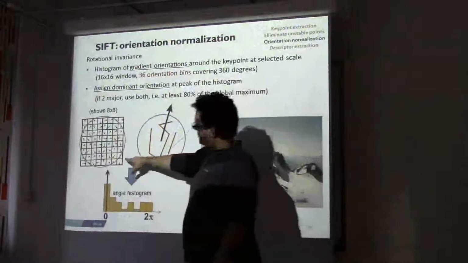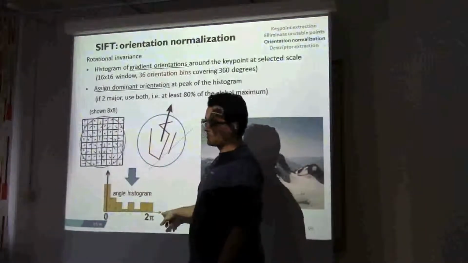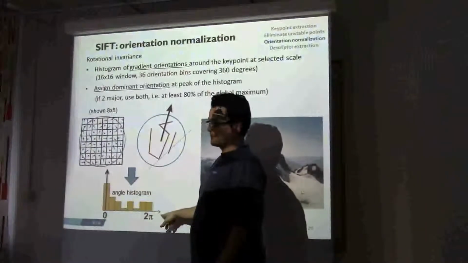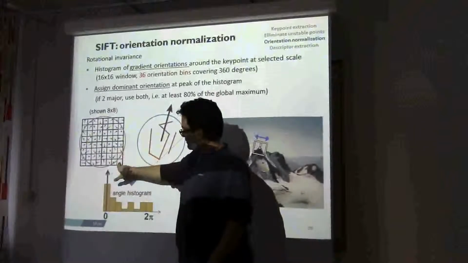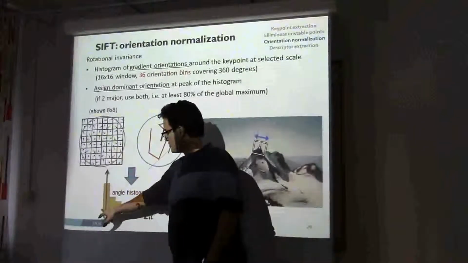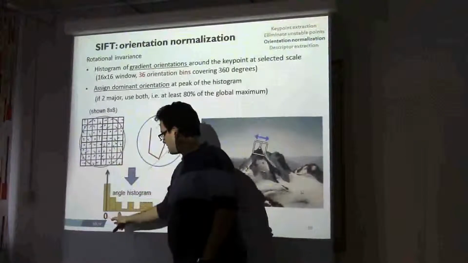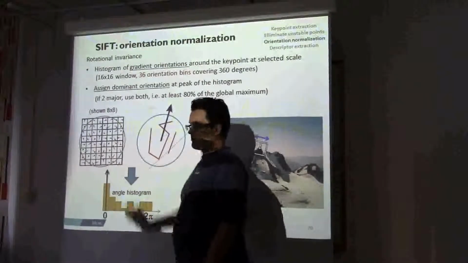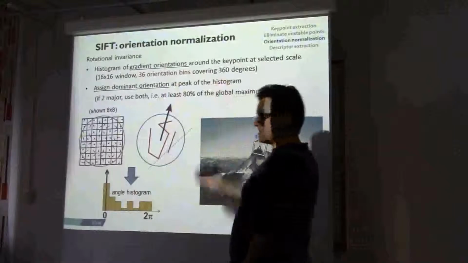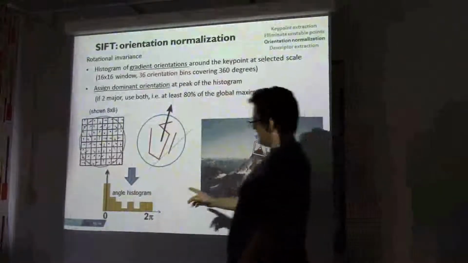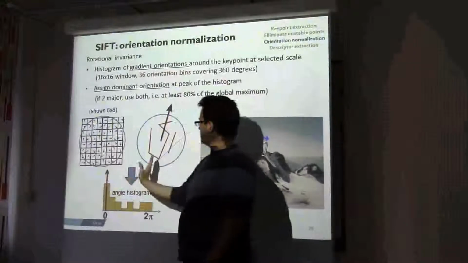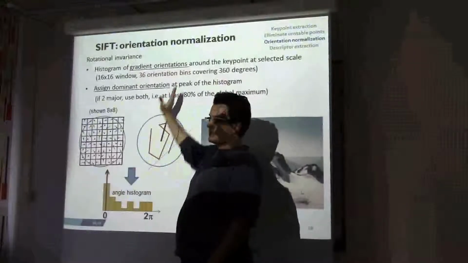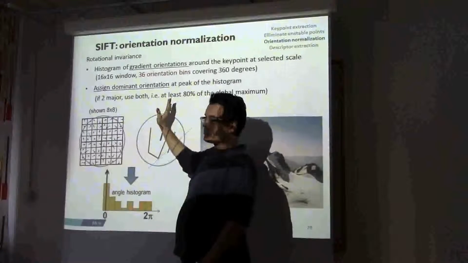So then, with this, we can build a histogram of directions. For each point here, we increase by the magnitude the bin of the histogram that belongs to this orientation. So then we get a peak telling the predominant orientation of the edges around the point.